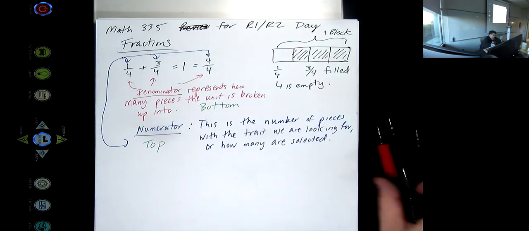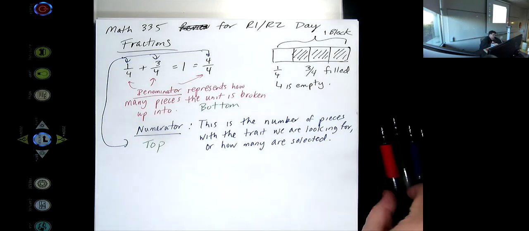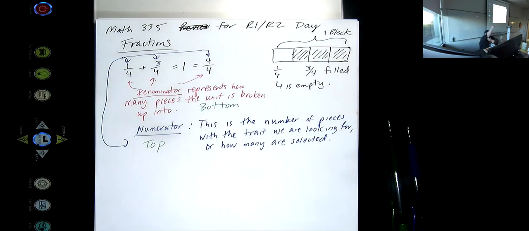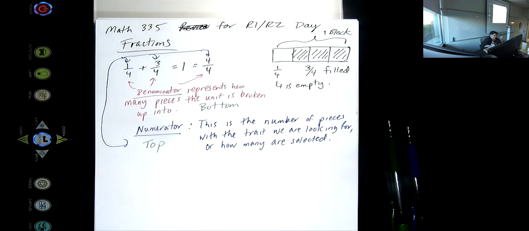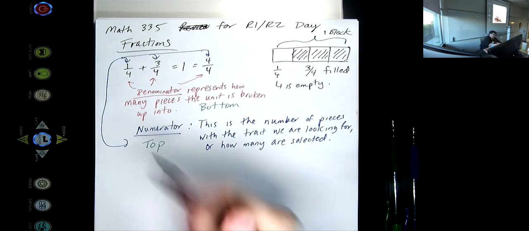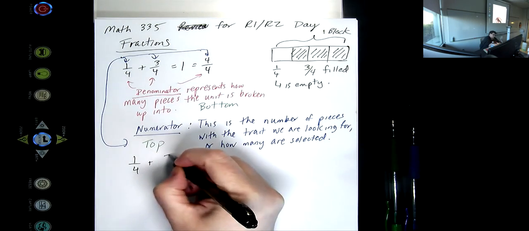Something else we could notice from this. They do add up to the whole number, so 1/4 plus 3/4 equals 4/4. And notice what's going on here. Let me rewrite it down here so I can scribble on it without messing up my notes.